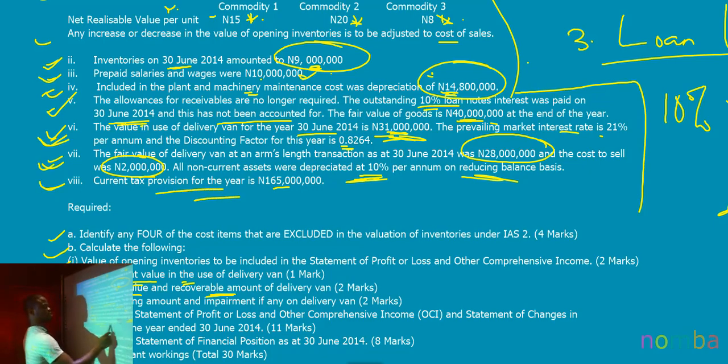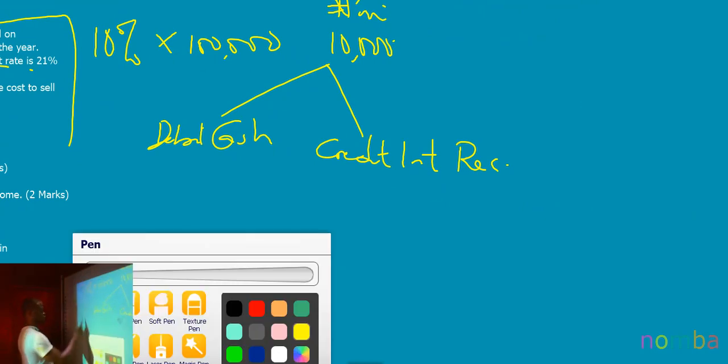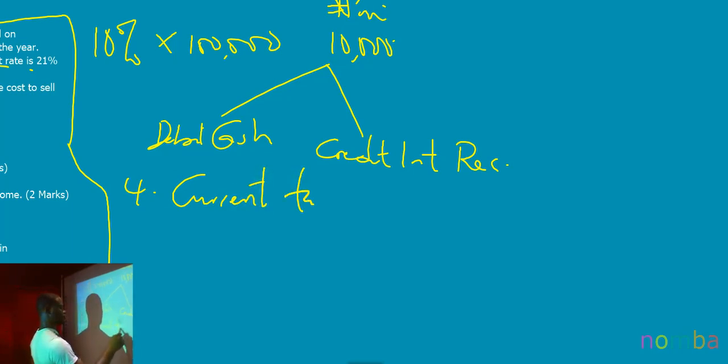And this is the current tax provision, which is 165,000. So let me make that note 4. Current tax provision.